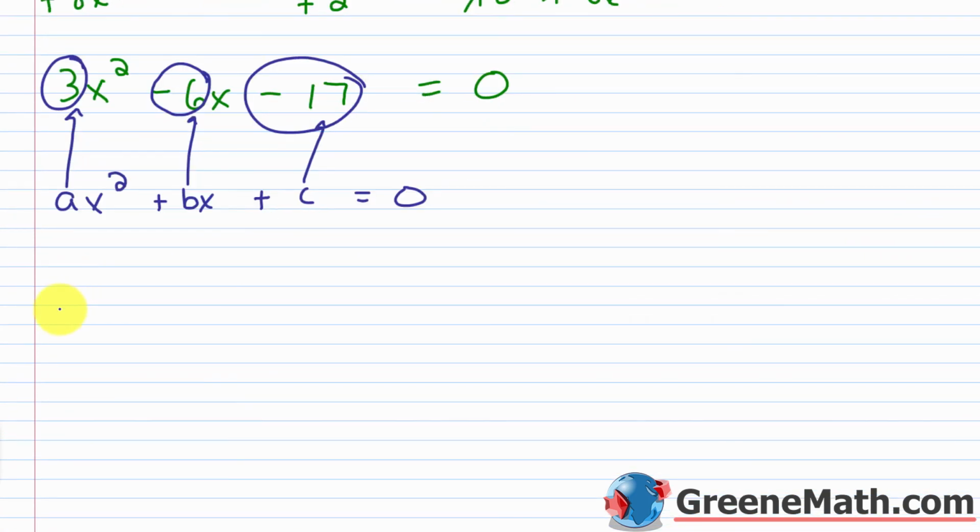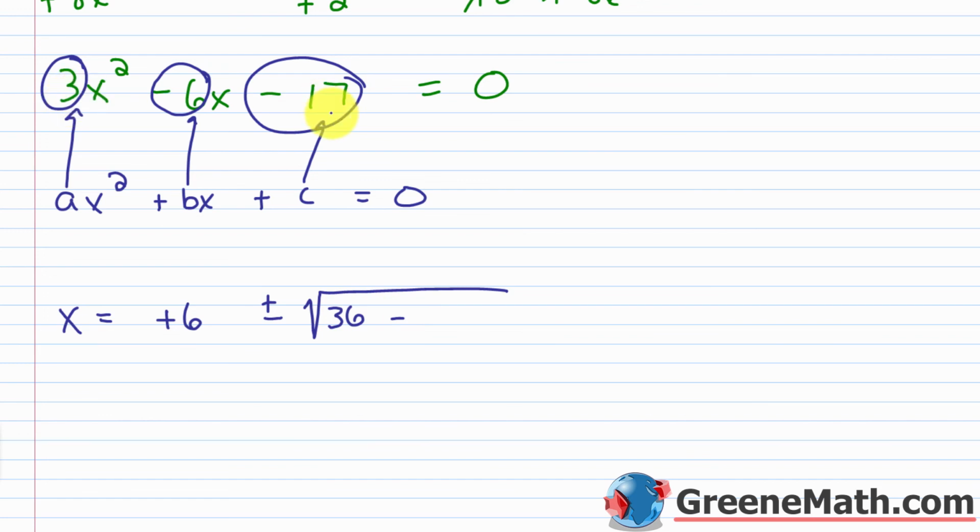Remember, it's x is equal to the negative of b. B is negative 6. So the negative of negative 6 is plus 6. Plus or minus the square root of b squared. If I square b, I get 36. Minus 4 times a. A is 3. 4 times 3 is 12.